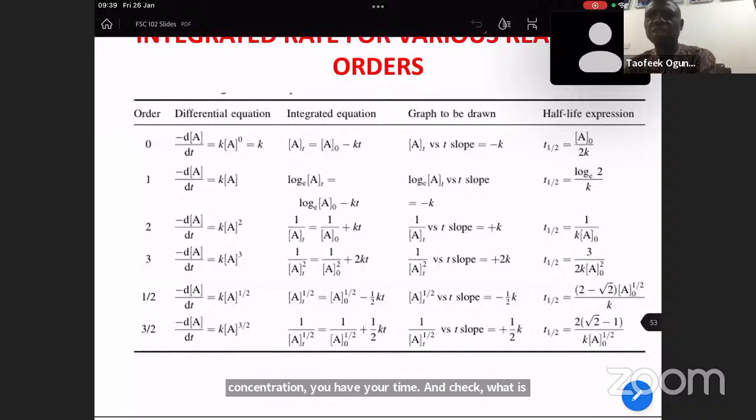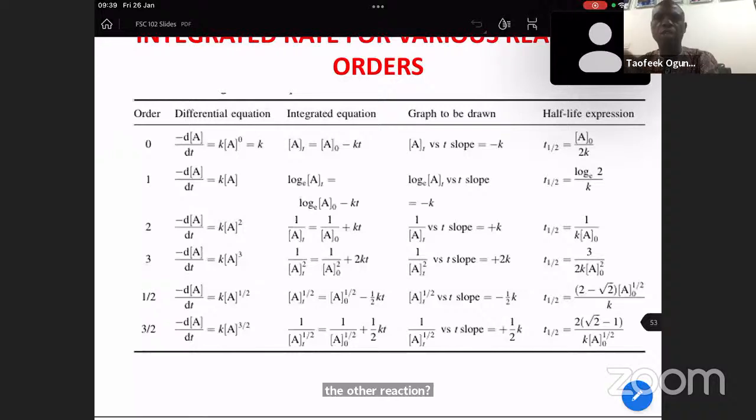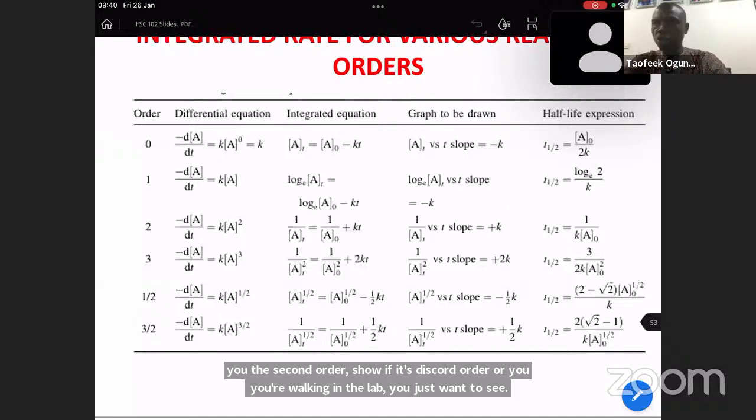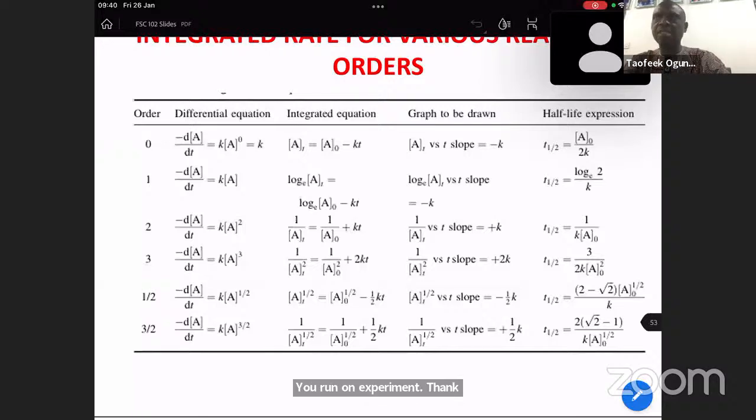Or show that the order of reaction is first order, or second order, or third order. Or you're working in the lab and you ran an experiment and you were monitoring the concentration of your reactant as it changes with time. You had your table.